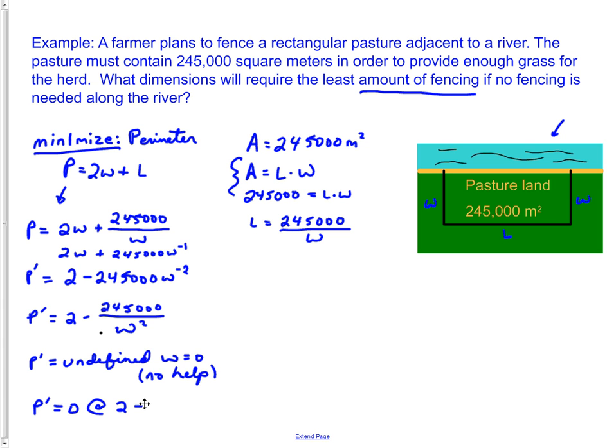Maybe we might be able to find where 2 minus 245,000 divided by w squared is equal to 0. So we ask the question, how do we solve this? Well, okay, algebra time right here. We set this equation equal to 0.